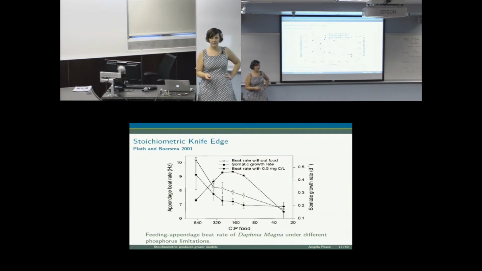This prompted Plaza and Boersma to come up with a hypothesis to explain this phenomenon: that this reduced growth rate is a result of feeding behaviors. The Daphnia are reducing their feeding behaviors based on how much phosphorus is in the food. And on this end over here, they're simply not eating enough to meet their carbon demands, and that's depleting their growth rate.